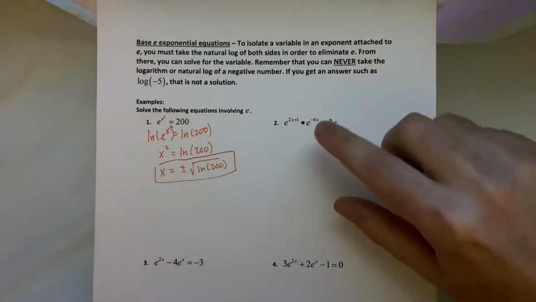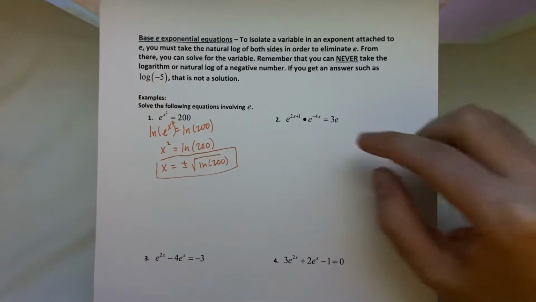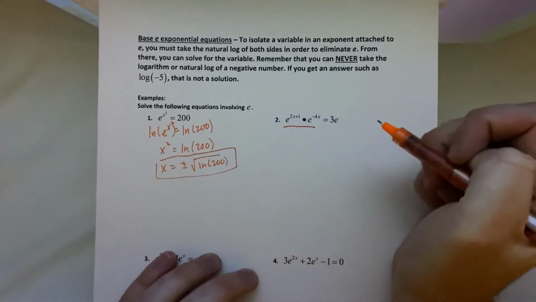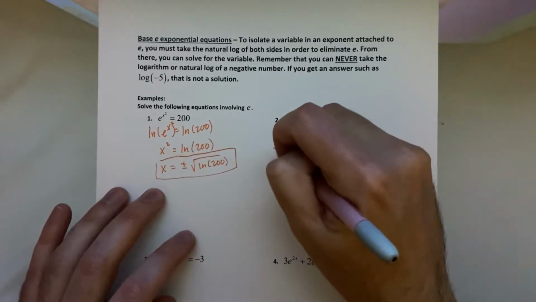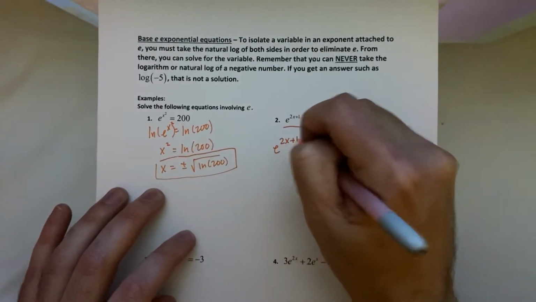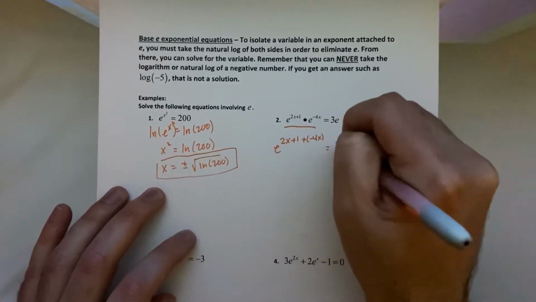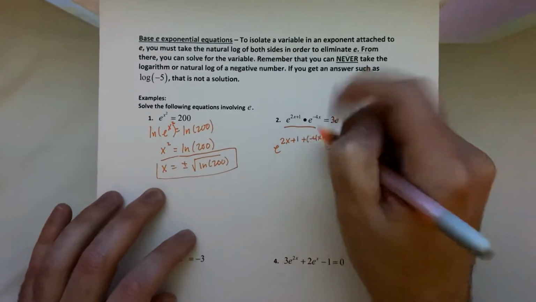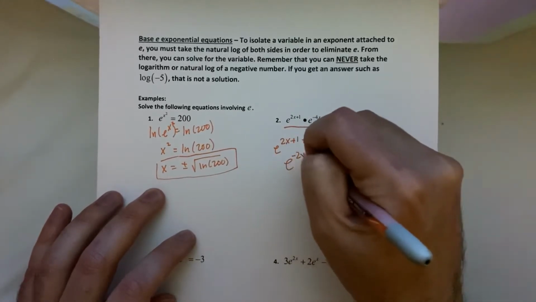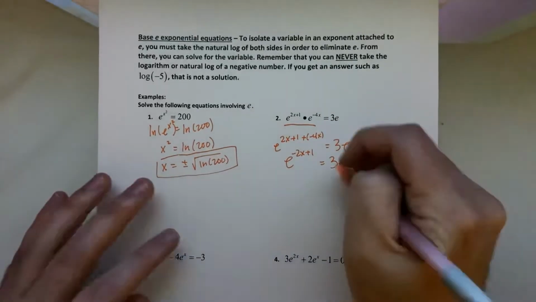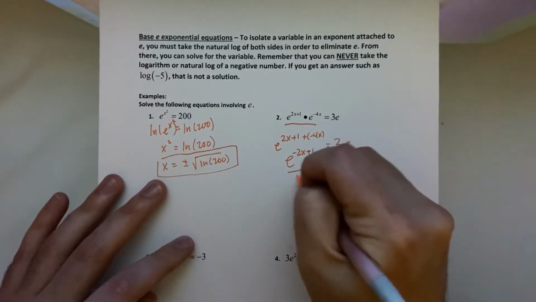Okay, if you've got multiple instances of e, you need to use your exponent rules to get them all together into a single e term. So when I'm multiplying with the same base, I add the exponents. So this is e to the 2x plus 1 plus that negative 4x equals 3e. Now 2x plus negative 4x is negative 2x. And I need all my e's on one side, so I need to divide by e here.